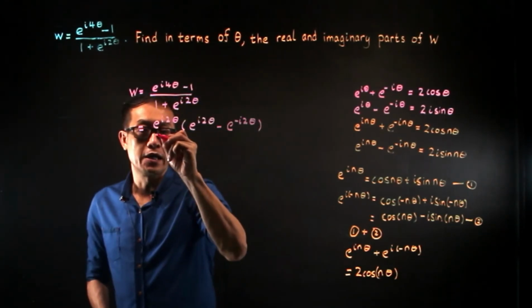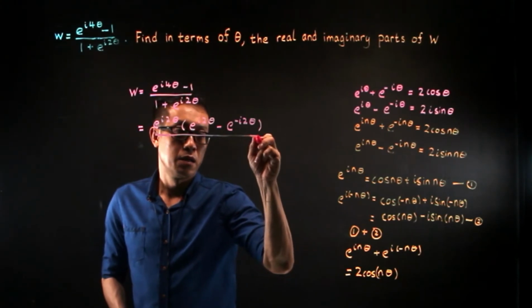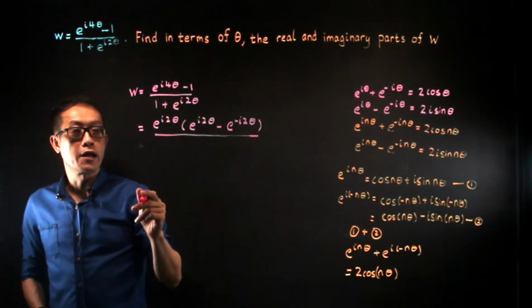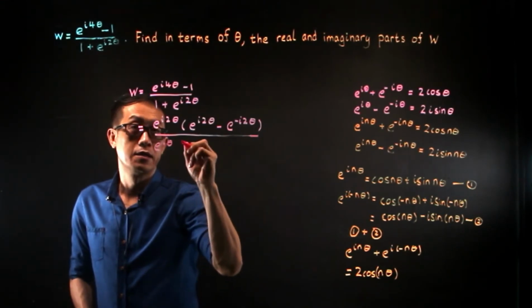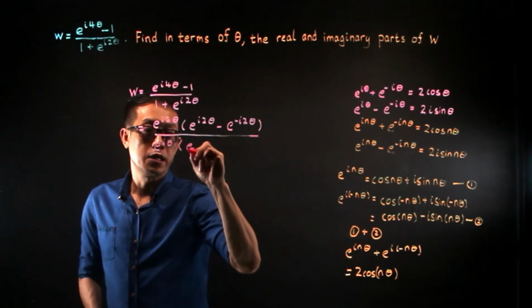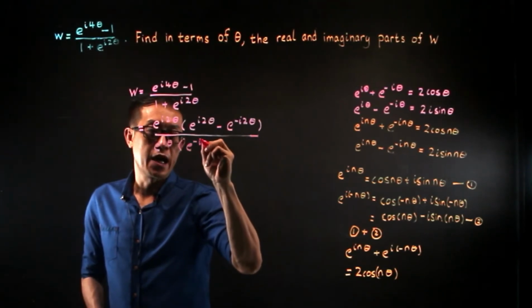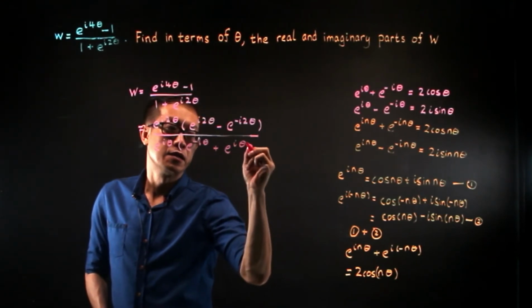For the denominator, I will take out e^(iθ), so I have e^(iθ) times (e^(-iθ) plus e^(iθ)).